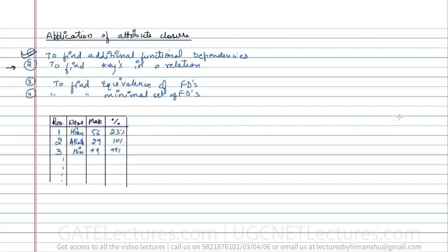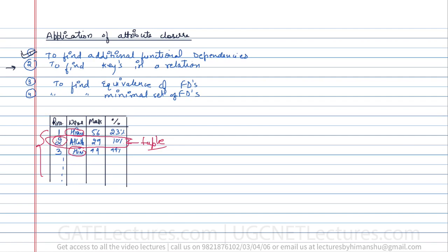We can have some data like this. Now given some name of the student, you will not be able to identify the marks uniquely, and you will not be able to identify the percentage uniquely. But if I give you a roll number, then with the help of this roll number you can determine the complete tuple. This complete row is called a tuple or a record. You will be able to identify the complete tuple uniquely. That means you will not be having any kind of problems, right?